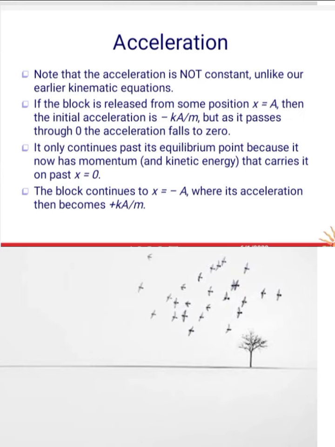It only continues past its equilibrium point because it now has momentum or kinetic energy that carries it on past x equals 0. Point 4. The block continues to x equals minus A, where its acceleration then becomes plus kA over m.